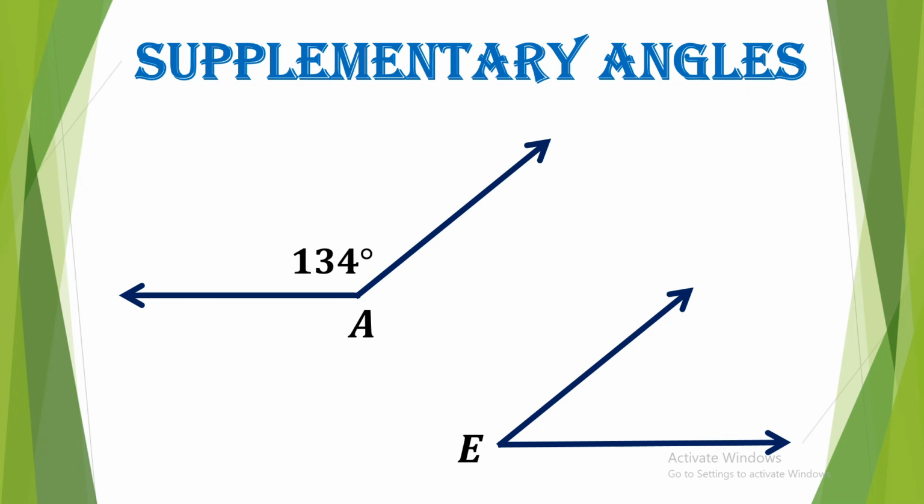So if angle A measures 134 degrees, what should be the measure of angle E to make them supplementary angles? Very good. It must be 46 degrees in measure. So again, in here, angle A and angle E are supplementary angles because their sum is equal to 180 degrees.